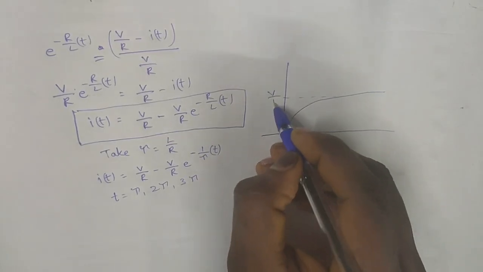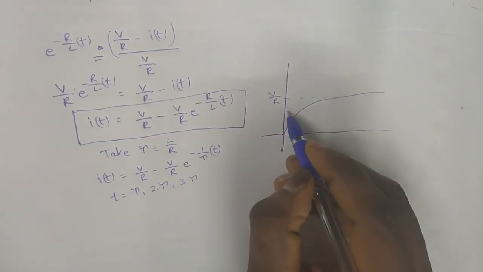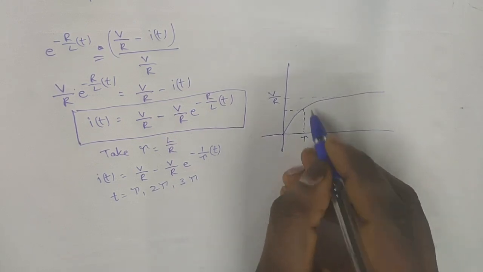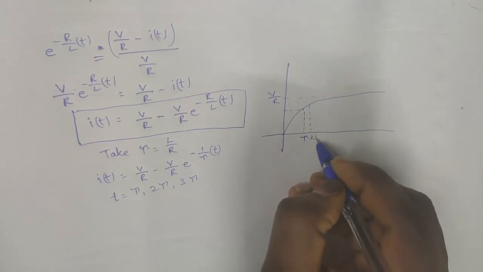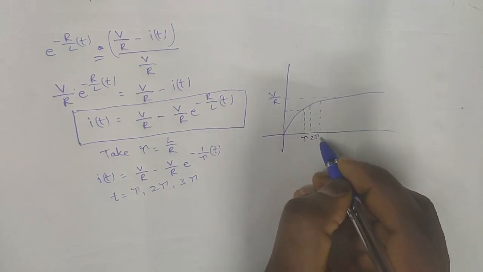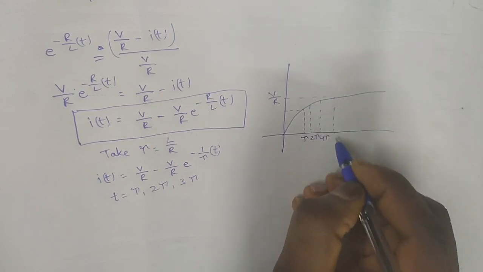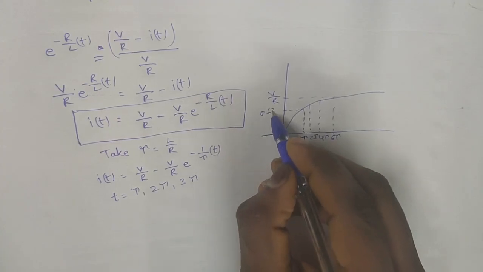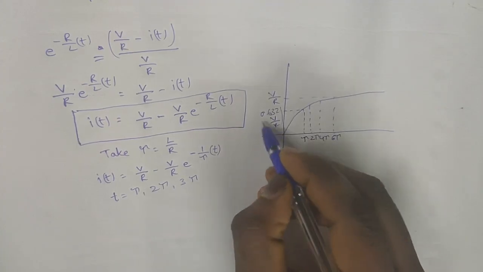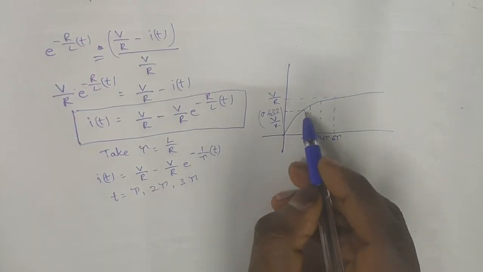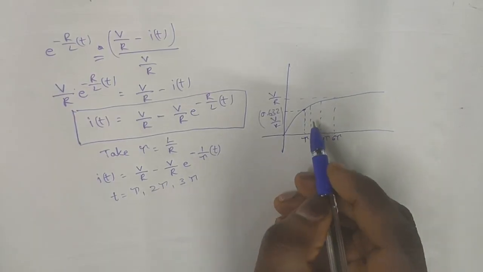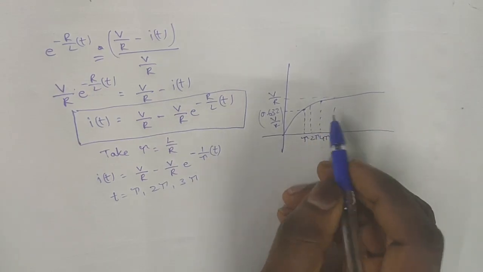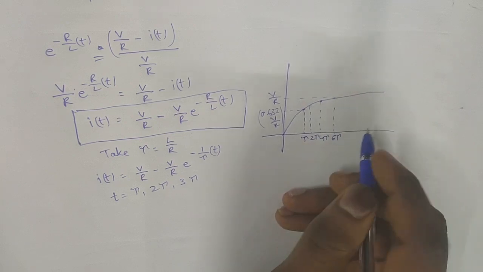This is total V by R, and at first time constant, that is tau, it will be 2 tau, and it will be 4 tau, it will be 6 tau. This is 0.632 times of V by R. At first time constant, it reaches almost 63% of the value. At fourth time constant, it reaches up to 99% of the value, 99.81% of the value.